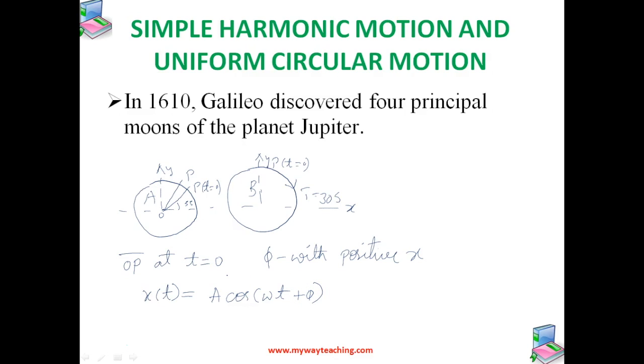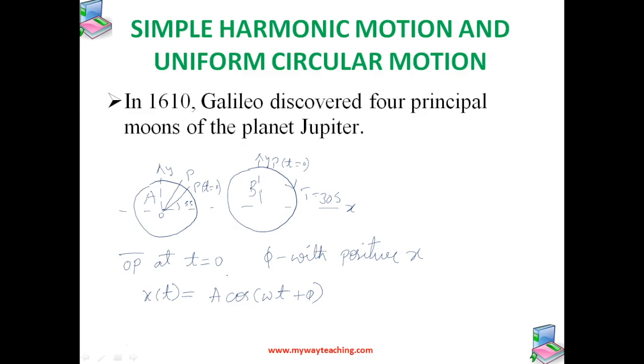This is the defining equation of simple harmonic motion, and this shows that if P moves uniformly on a circle, then its projection, that is P dash, on a diameter of the circle also executes SHM, simple harmonic motion.